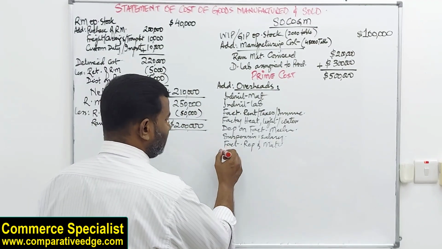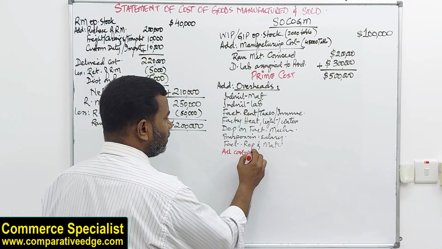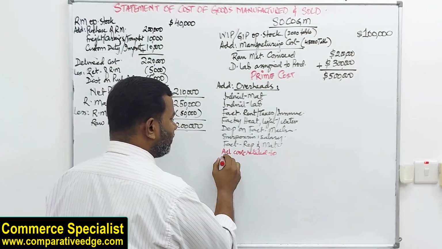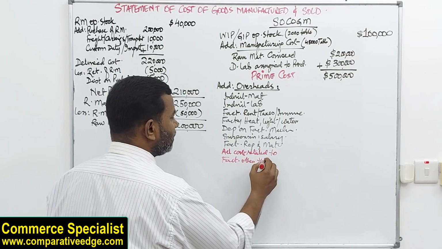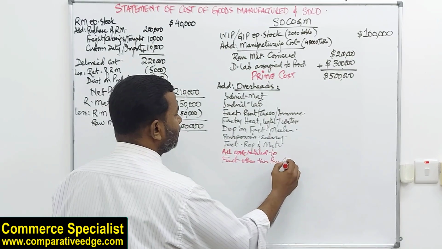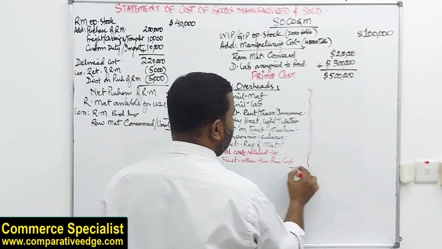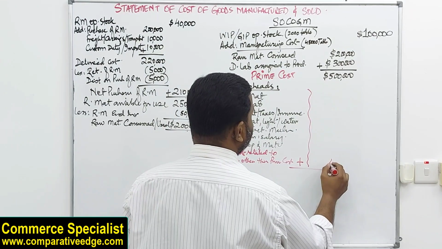So I'm writing here just to make you understand, all costs related to factory other than prime cost. So we are assuming that we added all these and they all add up to let's assume 400,000.